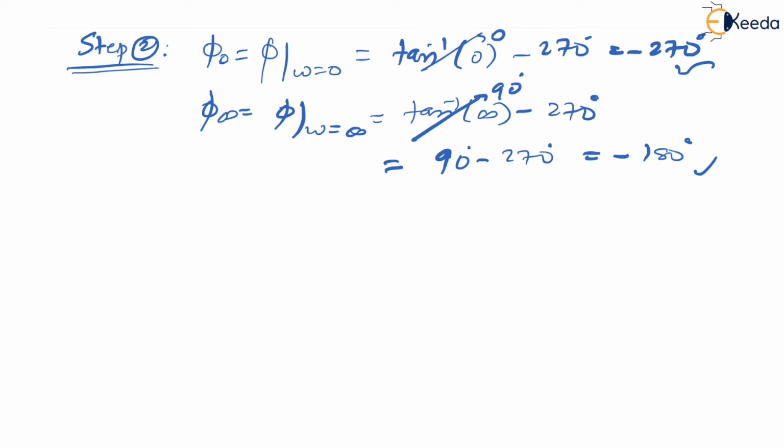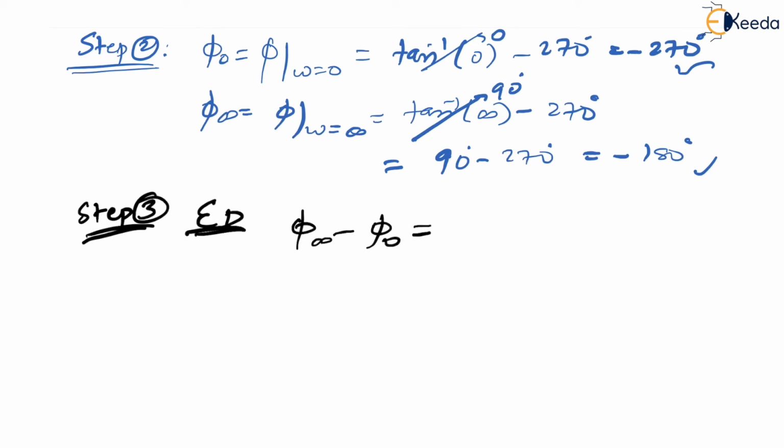Now our main thing, ending direction and starting direction. Step 3 is the ending direction. That is phi infinity minus phi 0. Phi infinity is minus 180 degrees, and minus of phi 0 is plus 270 degrees.